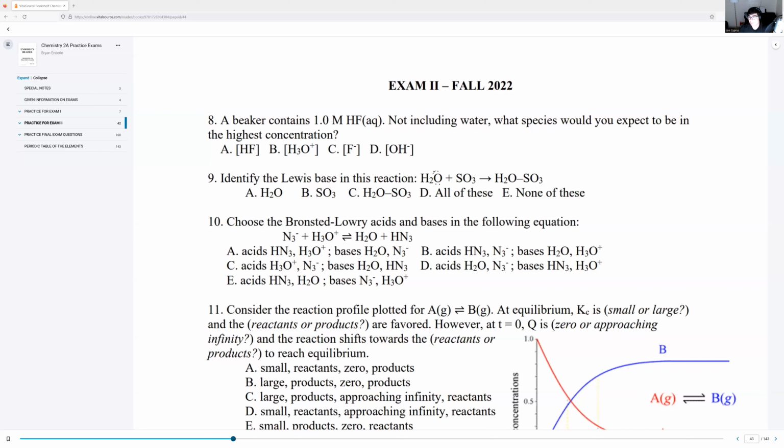So here, the water has these two lone pairs. Now this SO3, spoiler, does not. And so the water has to give up its lone pair. So the water is going to be the Lewis base, while the SO3 is going to be the Lewis acid. Now, if you don't know the structure of SO3, you don't have to. Because I can ask, is it even possible for oxygen to accept any electrons?